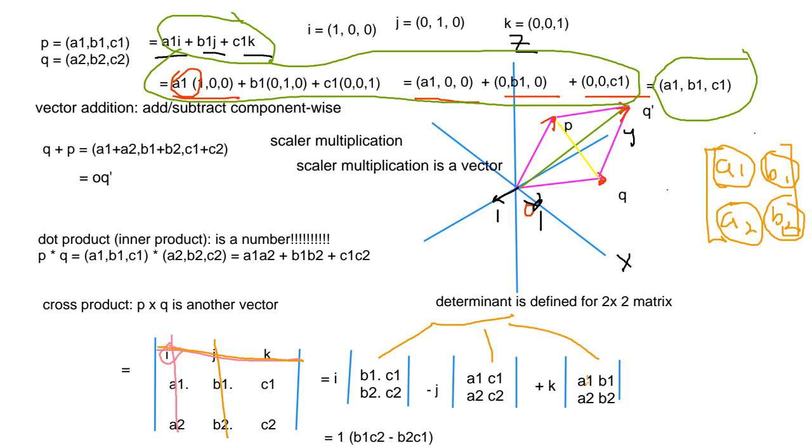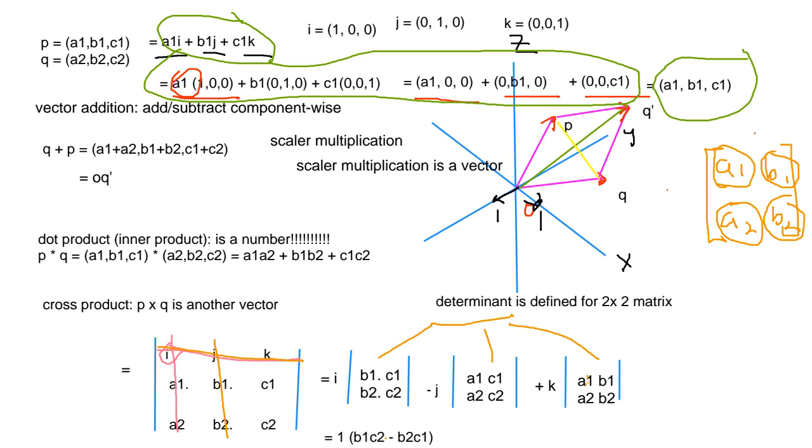So now let's calculate the rest. So the I component is this. Then the J component. I'm going to explain to you why the J component is negative. So let's write the determinant for the second matrix.